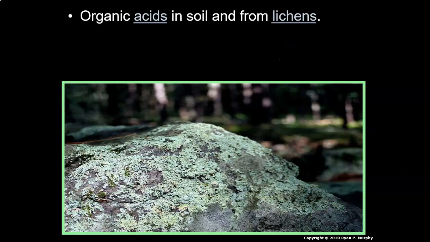All right, some other examples also include organic acids, so acids that exist naturally in the soil, and they come not just from the soil, but they also come from lichens. So lichens are these little tiny, well, sometimes we call them plants. Technically, they're not plants.